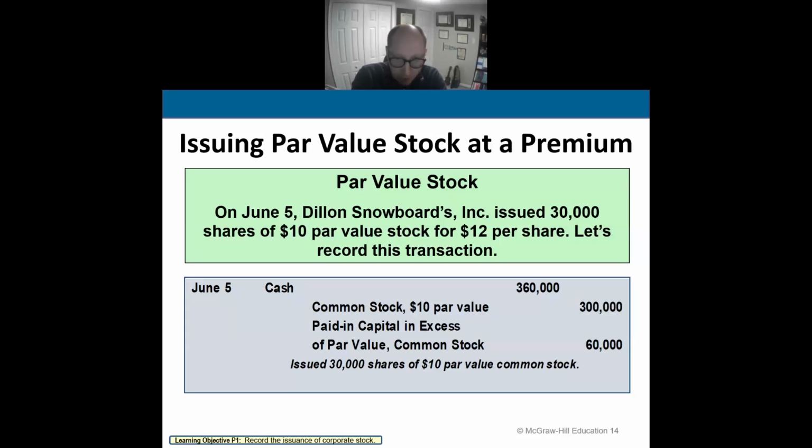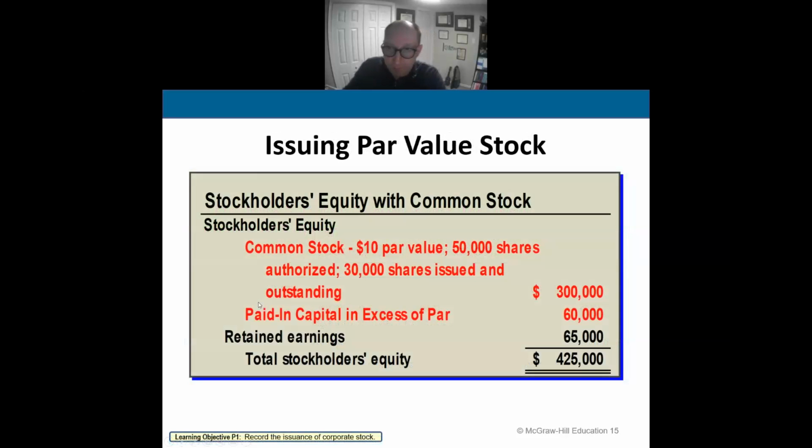So $2 per share is the excess. So I go $2 times 30,000 shares, that's 60,000. That's my difference. It's kind of like, remember when we talked about fixed assets? And if I sold a fixed asset, I have to represent the loss or gain. It works the same way.